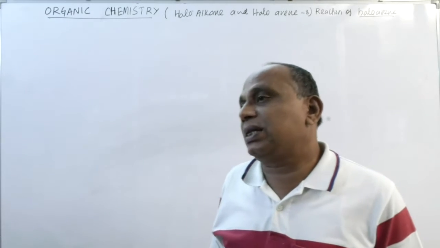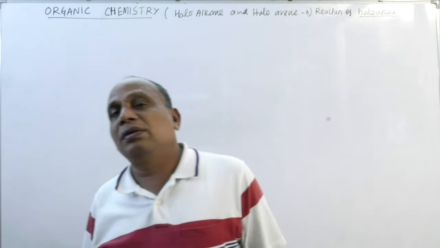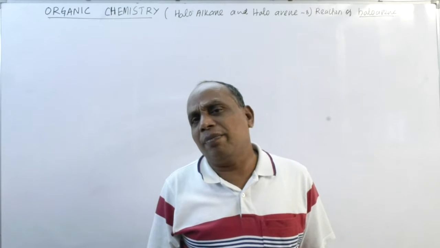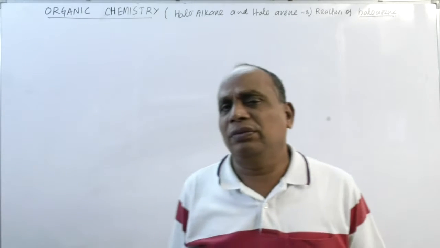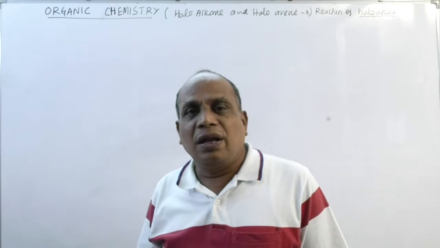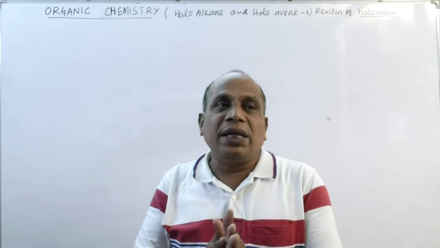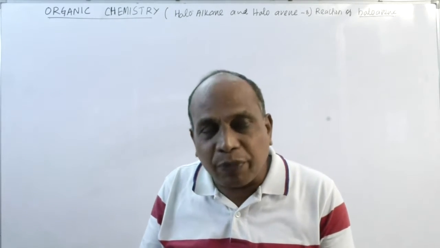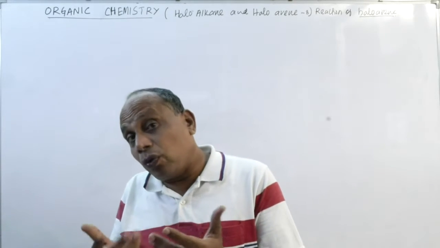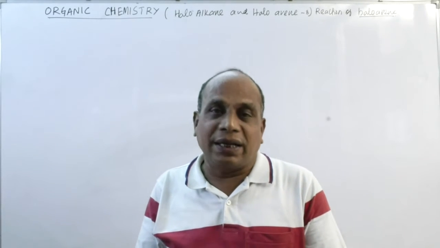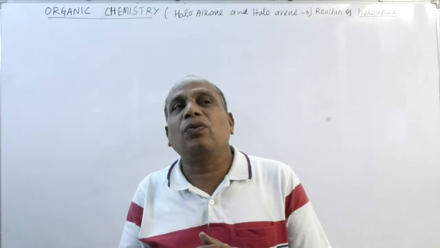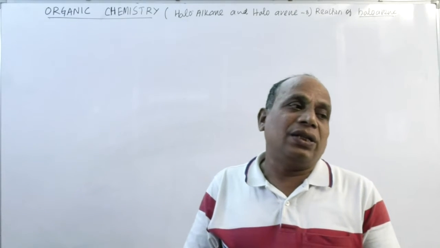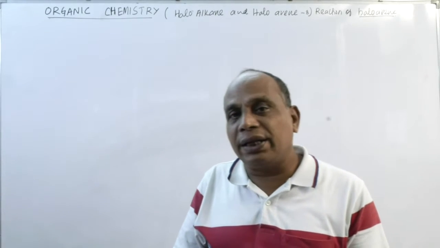Although it is less reactive and stable, it shows some nucleophilic substitution reactions in drastic conditions. The drastic condition is when the benzene ring of the aryl halide is substituted by a nitro group, the reactivity increases. As the number of nitro groups increases, the reactivity also increases.